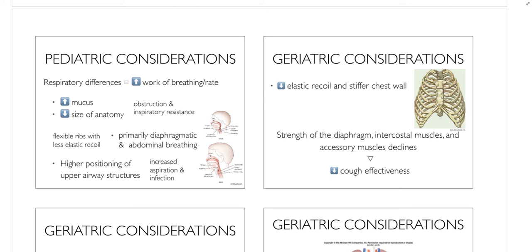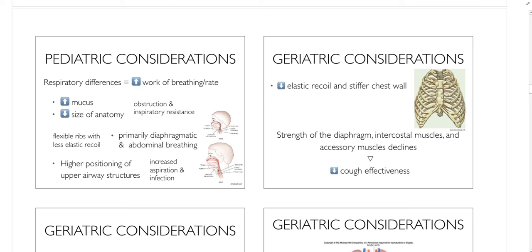So pediatrics have an increase in mucus. They also have a decreased size of the anatomy. So we have more secretions in a smaller tube for pediatrics. That's going to lead to a greater chance of obstruction and inspiratory resistance. So that makes it that much more likely for them to be experiencing a choking hazard.